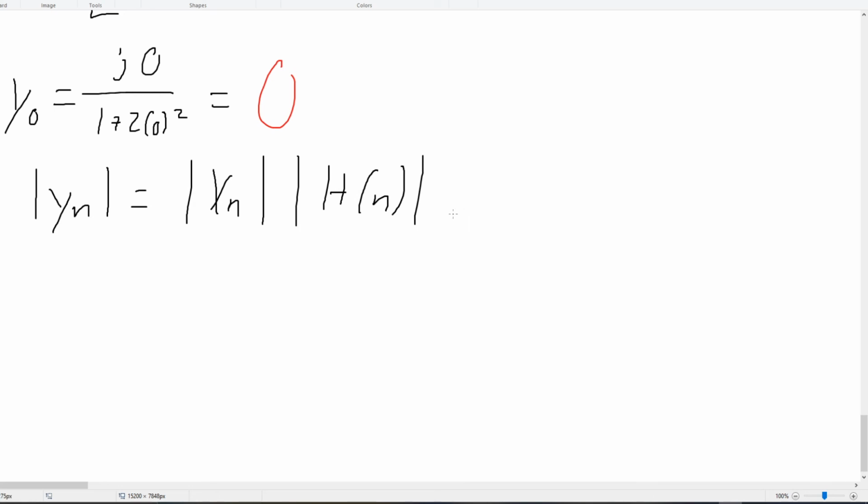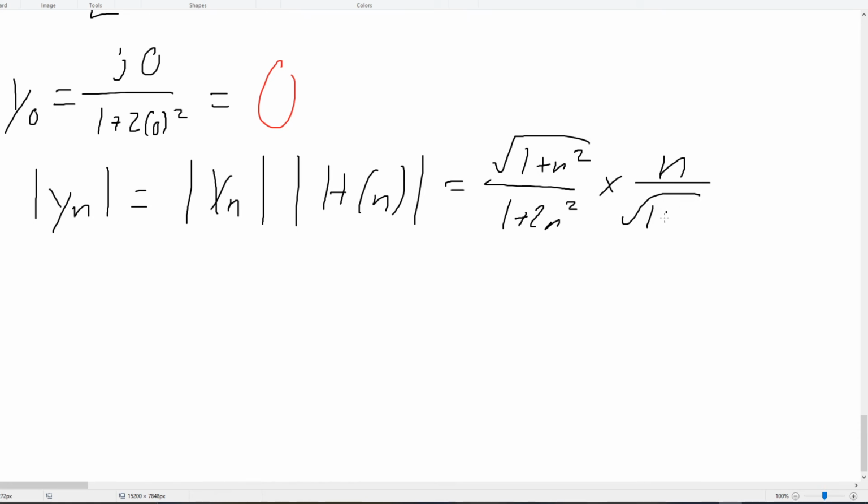So we have the absolute value of xn and the absolute value of hn. So this is going to be 1 over 1 plus 2n squared times n over square root of 1 plus n squared. These two cancel, so the value will be n over 1 plus 2n squared.